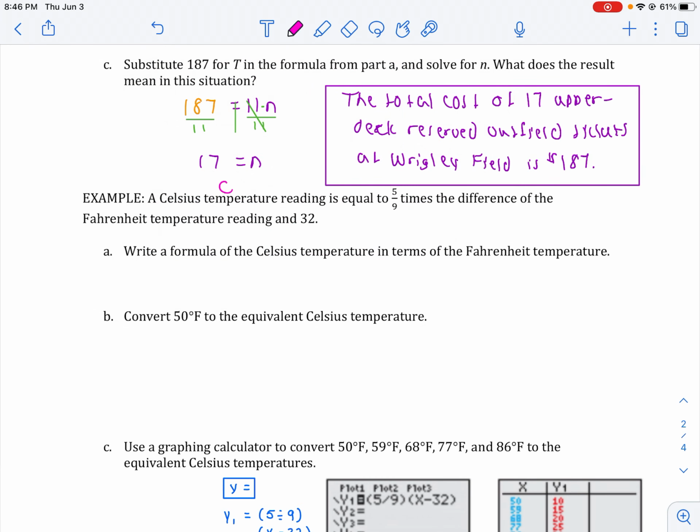So the Celsius temperature reading, we're going to use capital C, is equal to 5/9 times, and then we're talking about the difference of two things. So that implies a quantity. Difference means subtraction. The 'and' tells us where to put that subtraction symbol. So the difference of the Fahrenheit temperature, going to use capital F, and 32.